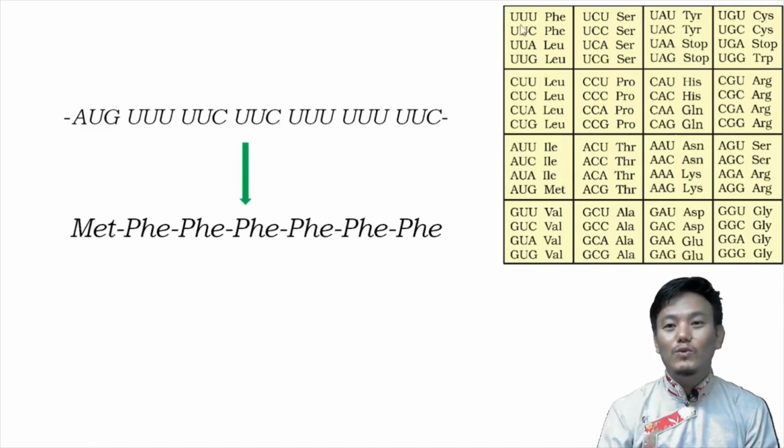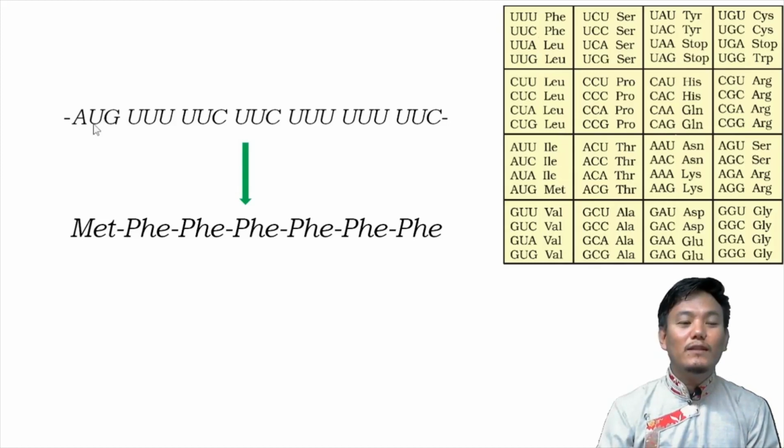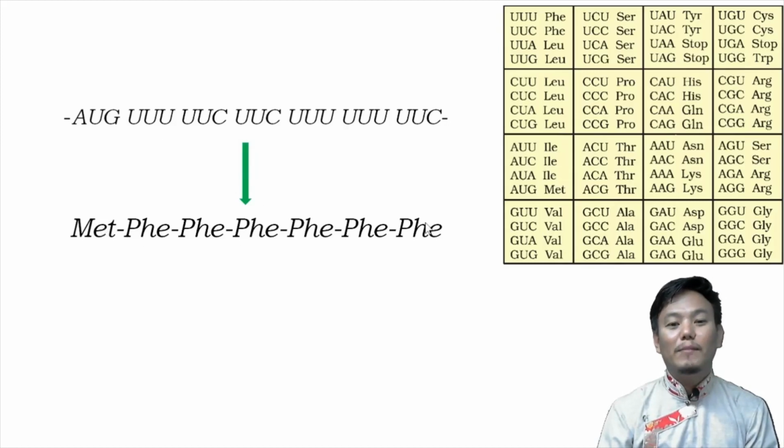The answer is yes, we can. AUG codes for methionine. UUU codes for phenylalanine. UUC again codes for phenylalanine, and so on. Just by looking at a sequence of codons, we will be able to form a sequence of amino acids coded by them.